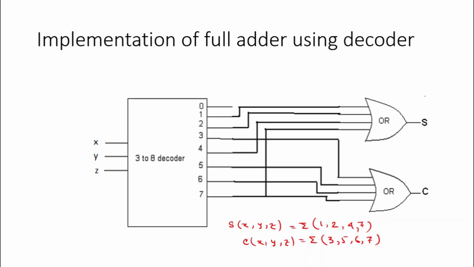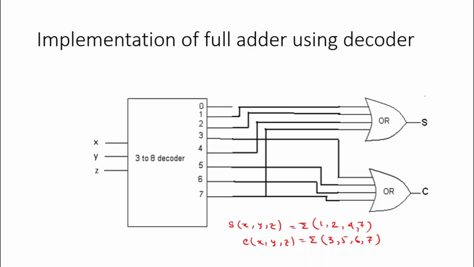A function f having a list of k minterms can be expressed in its complemented form f' with 2 to the power n minus k minterms. So if the number of minterms of a function is greater than 2 to the power n by 2, then f complement can be expressed with fewer minterms than required for f.